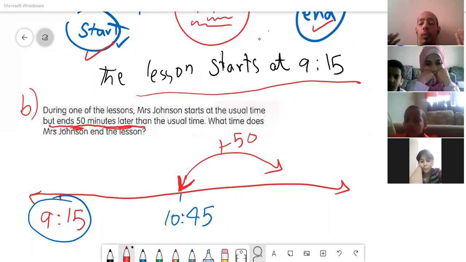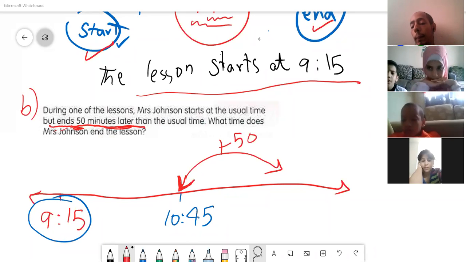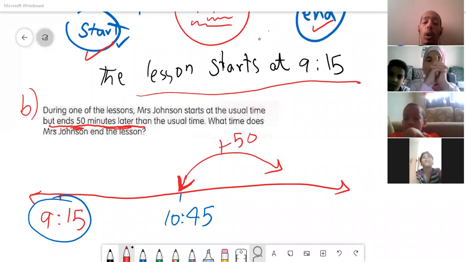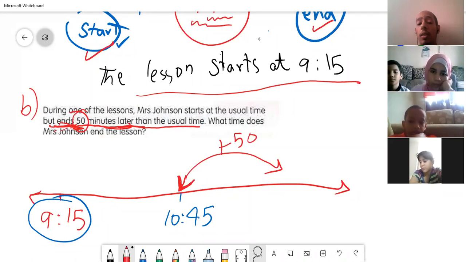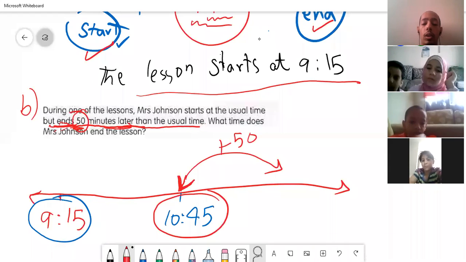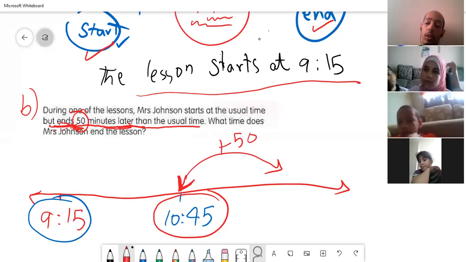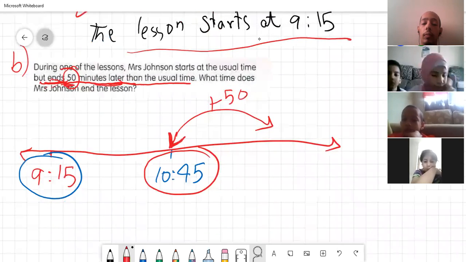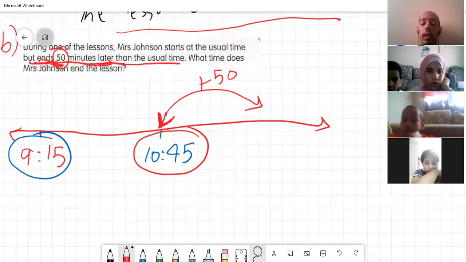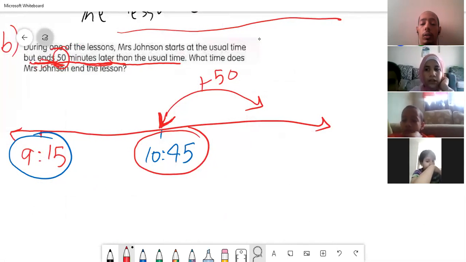This time we are gonna add 50 minutes because he ends 50 minutes later than the usual time. The usual end time was 10:45, but he ends 50 minutes later. Now I understand. Very good.